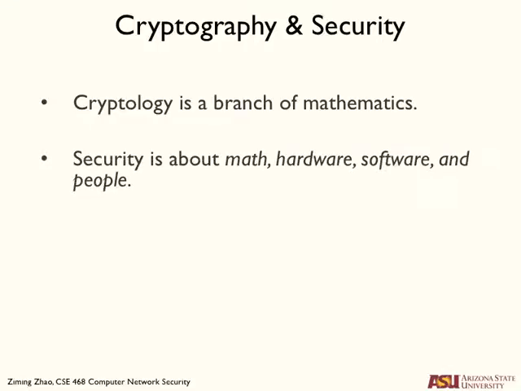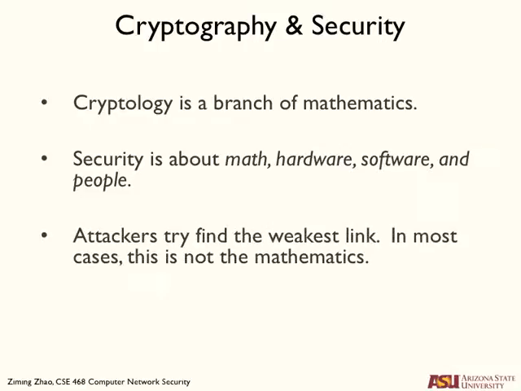Security is about math, but also about hardware, about software, and most importantly, about people. Because people are the target we are trying to protect, and people are also the weakest link in security. Attackers always try to find the weakest link in a system. And in most cases, cryptography, the mathematics, is not really the weakest link.